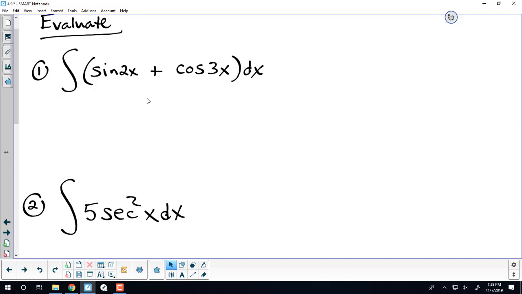So you do 1 over a secant... Oh, it should be 1/3. Because when you're taking the derivative of the equation, you have to take the chain rule. So you take the derivative of 3x, which will equal 3, and so to negate that, you do 1 over. So you'd have cosine 3x.